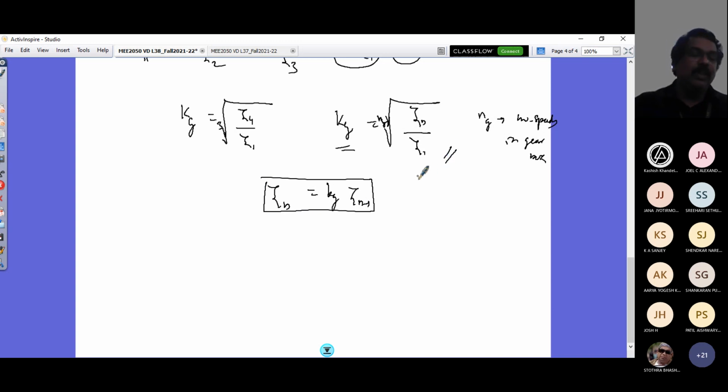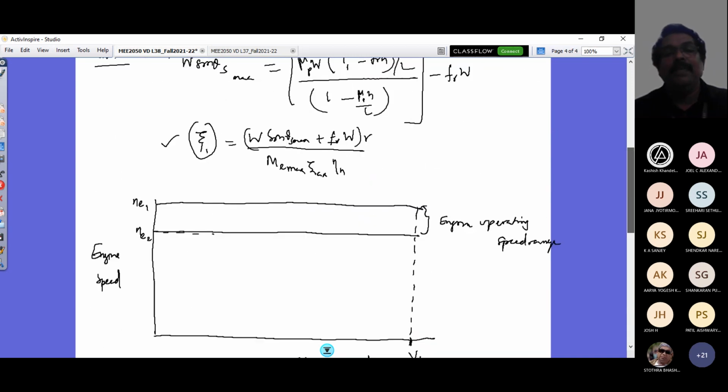So if you have understood this geometric progression technique followed, then I know what my Ne2 by Ne1 is. It is kg. So this decides my line.